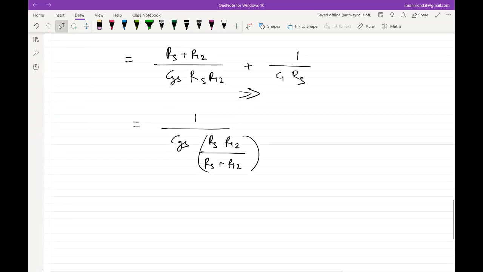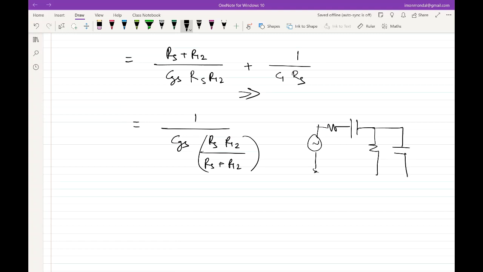Okay. So what does this look like? Yeah, this looks like an RC, where C is CGS. What is the equivalent R? Rs parallel R12. And what is R12? R1 parallel R2. Right? So again, if we sketch our circuit, this was under the condition when we said that for time constants, the input is not required, so we can get rid of that.